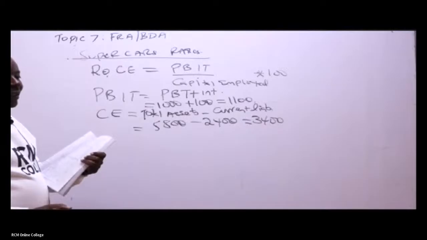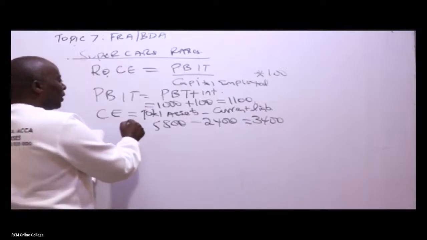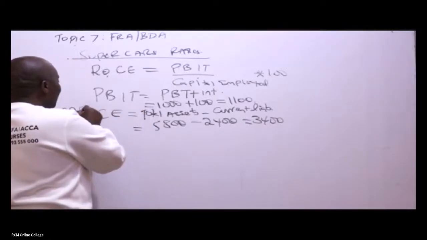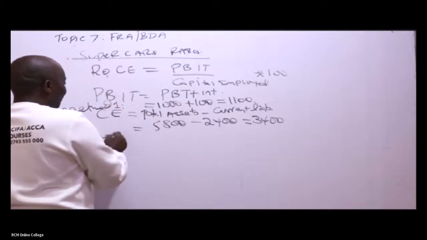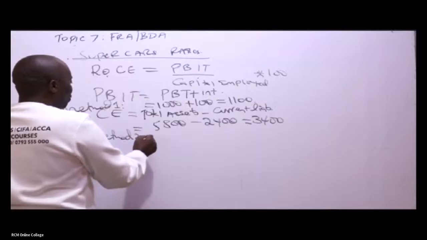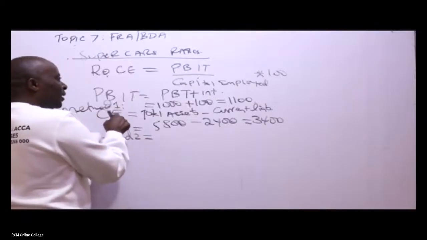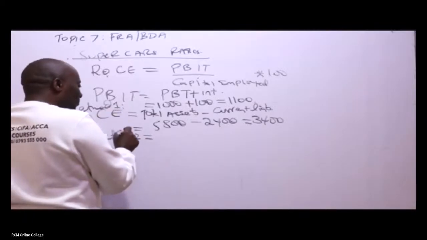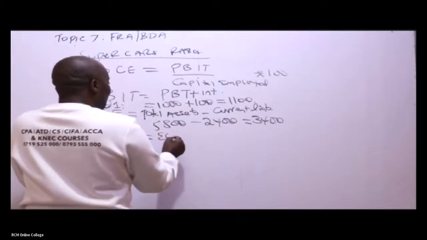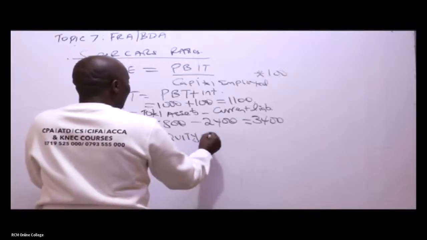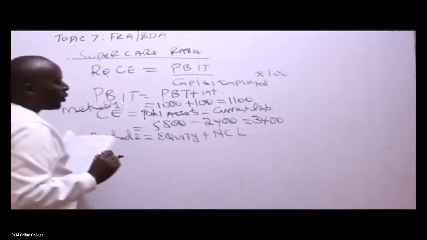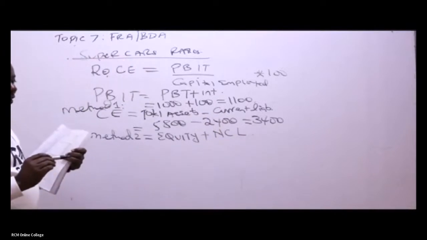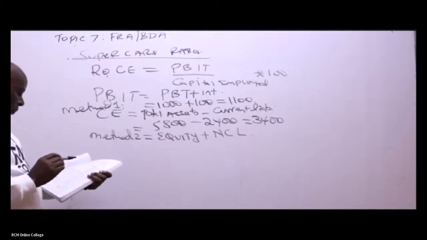All right. And then remember, we have another method. This is method 1. Is there somebody who was able to use method 2? For method 2, the capital employed will be all equity plus non-current liabilities. So you go to the equity section.